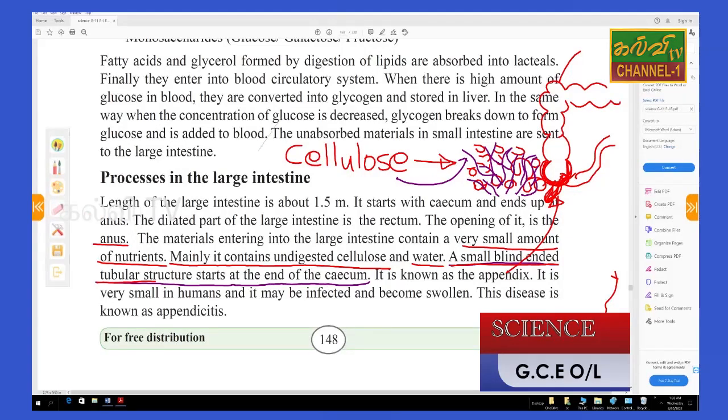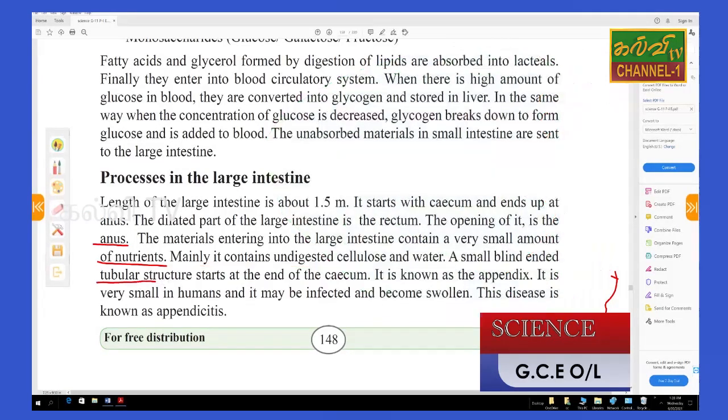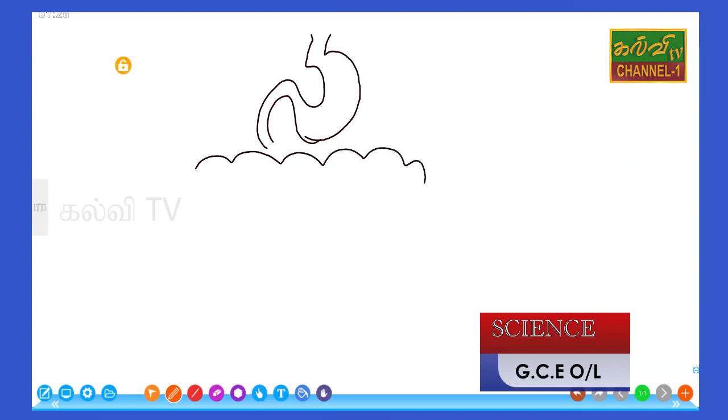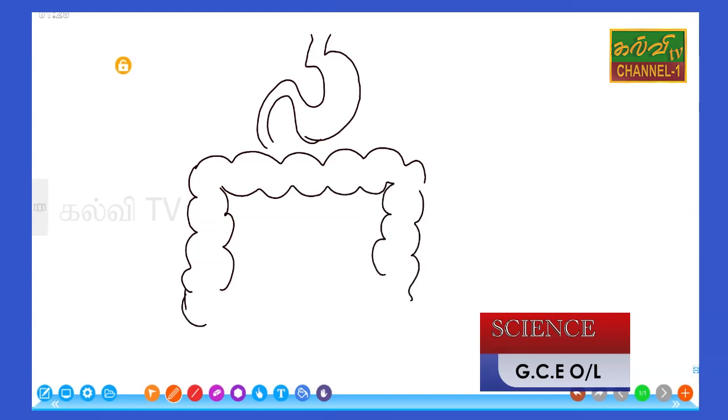Now you can understand what I am telling you. For example, we studied that after digestion in the small intestine, here is a tubular structure that is called the appendix.